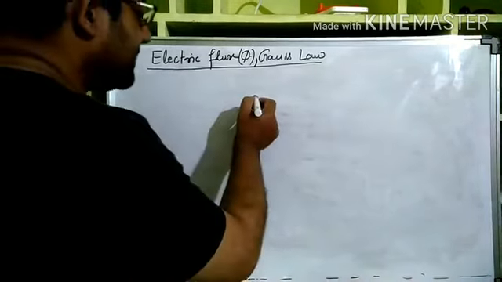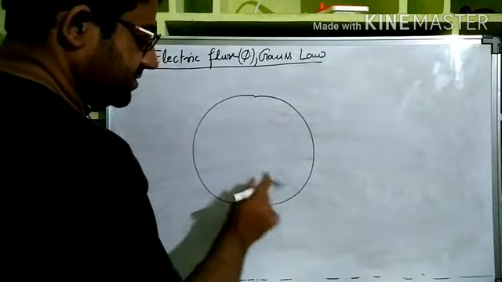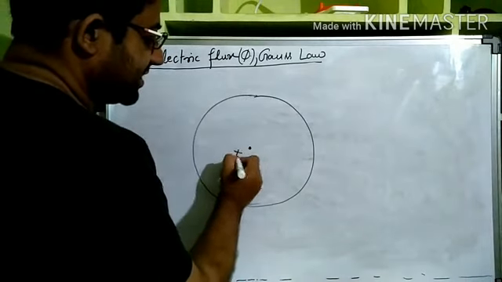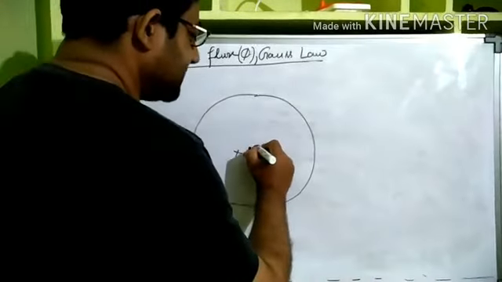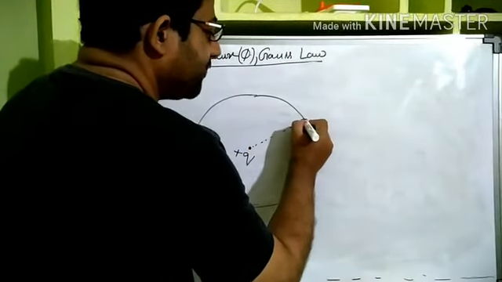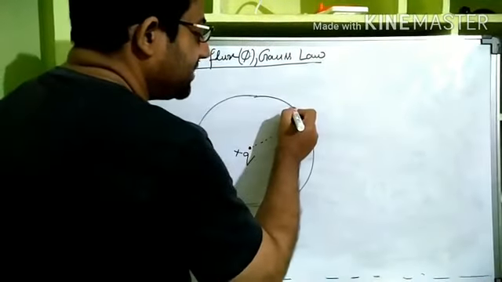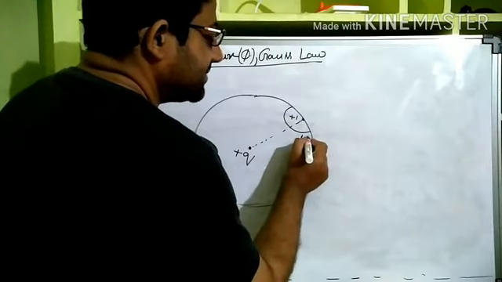Okay, now let us consider a sphere which includes a charge at its center equal to plus q. Let us consider that we are having a unit positive charge on the surface of the sphere, and around that a small area element, let us consider, that is equal to ds.